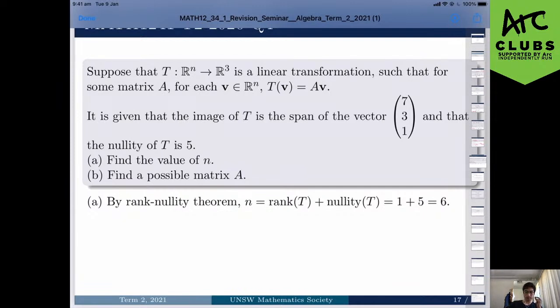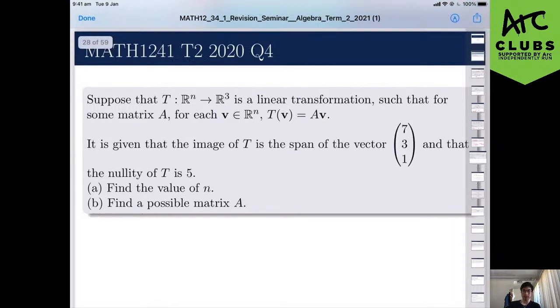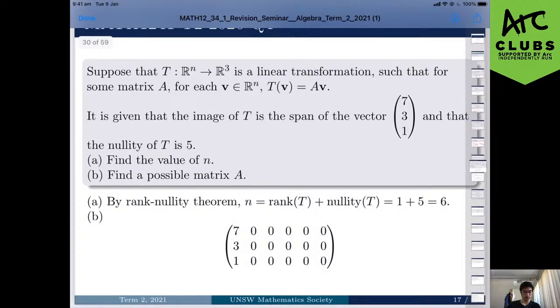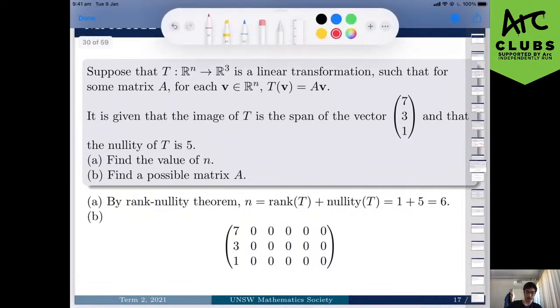But we'll just do it. We want to create a 3 by 6 matrix because the input dimension is 6 and the output dimension is 3. So one of the most trivial answers is to just do that.